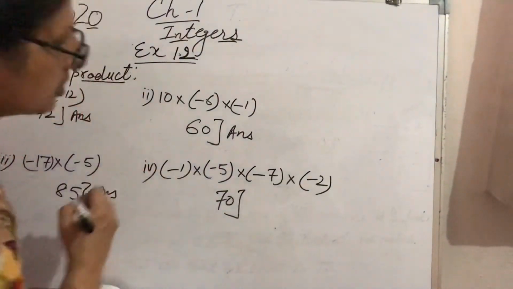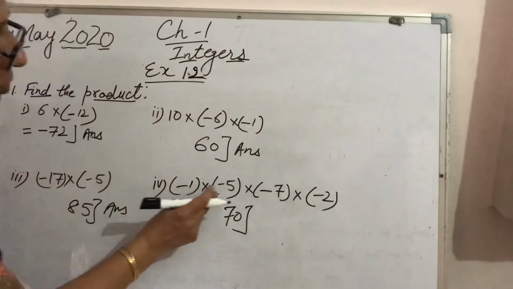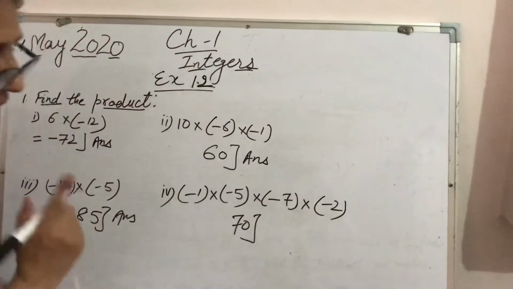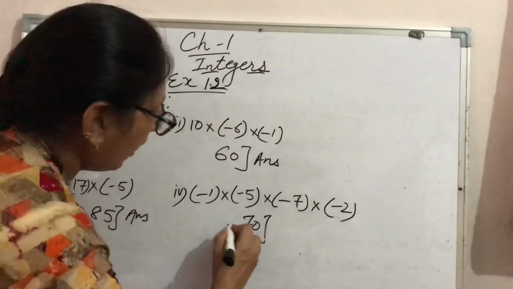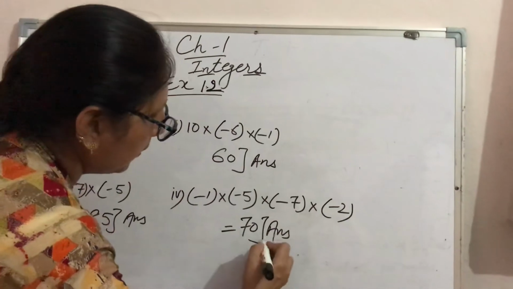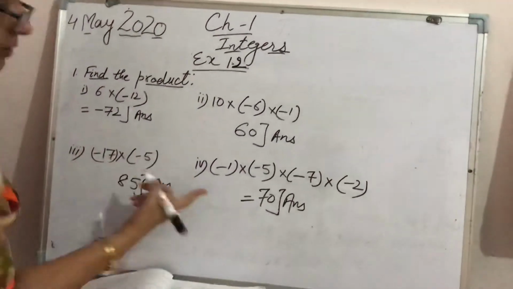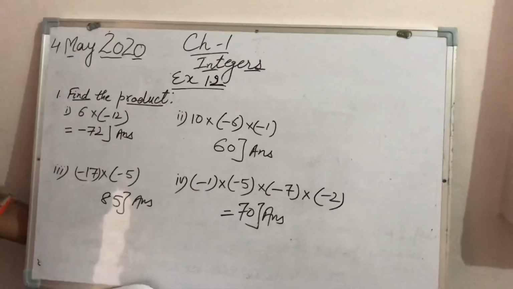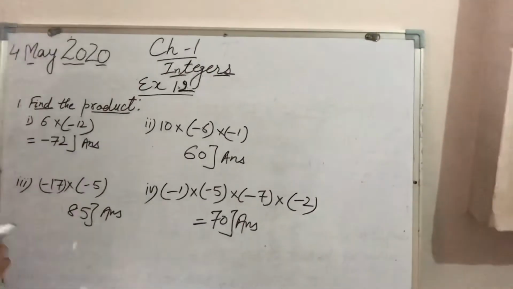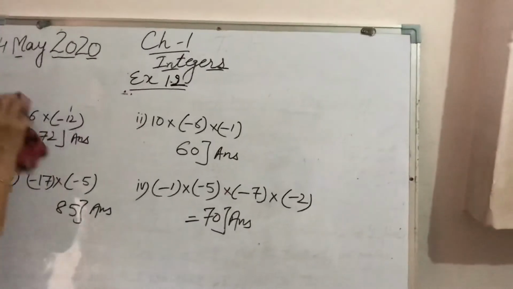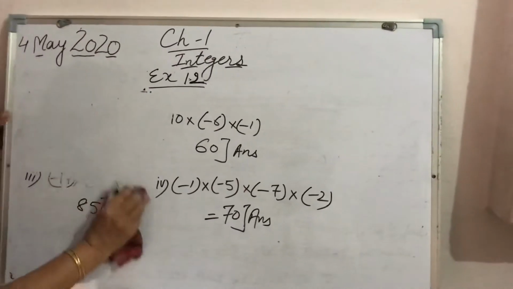Again count the number of negative signs, 1, 2, 3, 4. 4 is an even number, that's why the answer will be positive. Just check the signs, take care of the signs. Otherwise multiplication you already know, you have done it in junior classes, very simple.